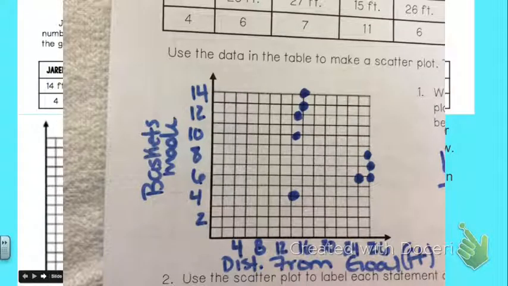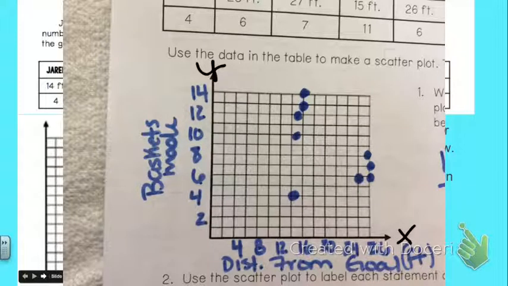Okay, we are going to construct a scatter plot, and I want you to look at how I have my X and my Y labeled. This is my X and this is my Y. I want you to notice that I have X labeled distance from goal, and my Y is labeled baskets made.